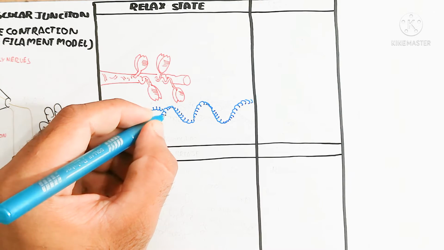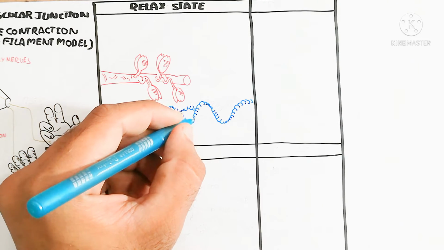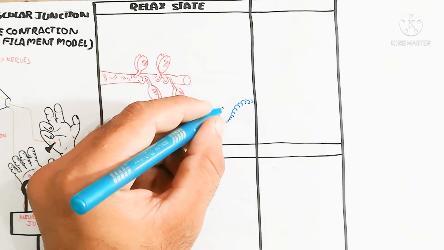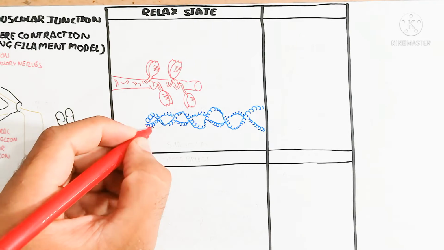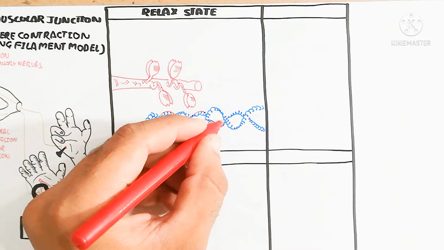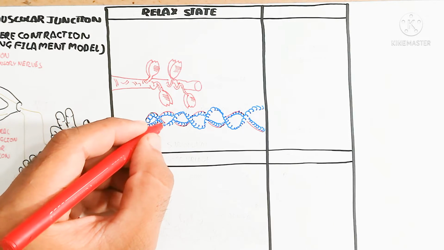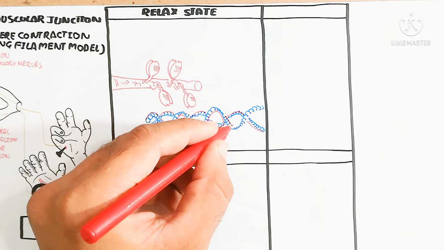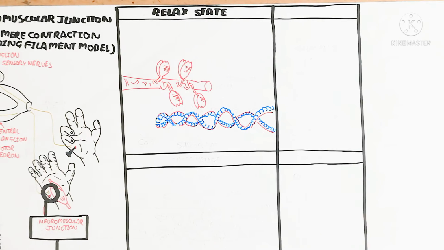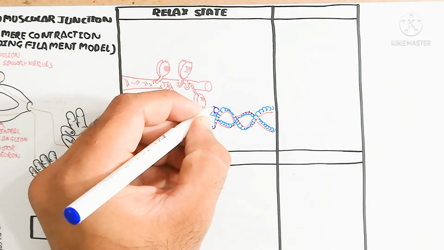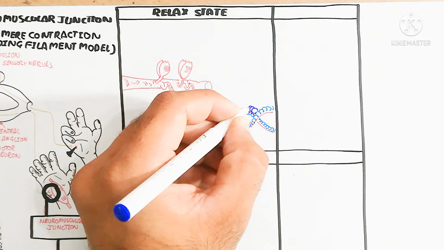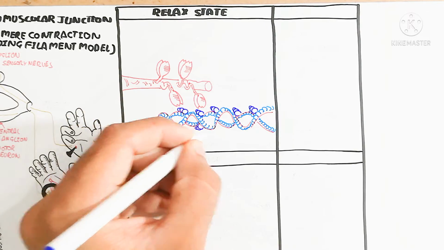Actin basically contains troponin as well as tropomyosin, a thread-like structure. Actin is a bead-like structure, and troponin is also bead-like, a trimeric protein, with each groove containing a troponin.